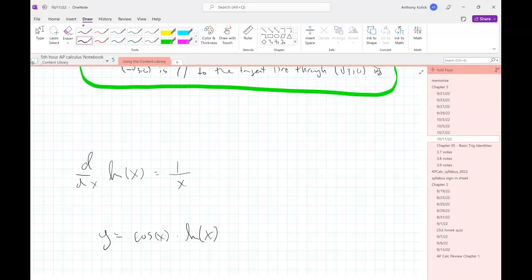There's no chain in this. So it'd be cosine x times 1 over x plus log of x times negative sine x. Okay, that makes sense. That's all I want to be able to do, is just have another derivative rule that I can mix in with my product, quotient, chain stuff, which is going to be the majority of the test, right?